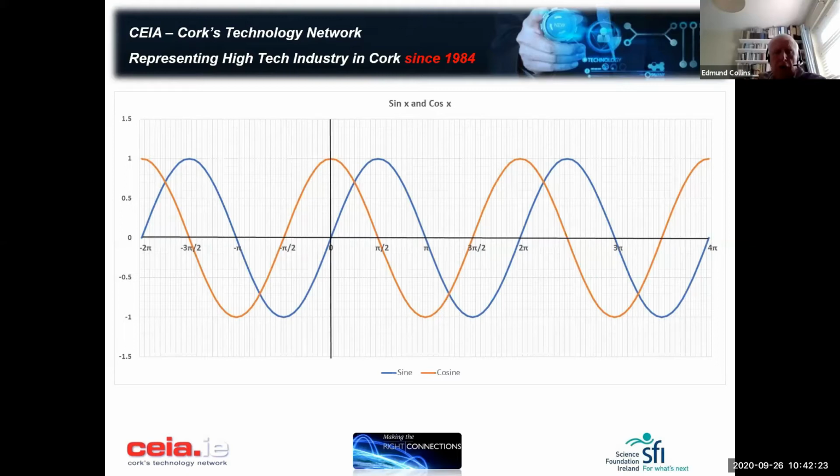And I would recommend you plot it out even by hand on a piece of graph paper, or else do it on Excel, or there's some apps I'm sure that you could use online to do it. But it will help your understanding about how sine and cosine behave.